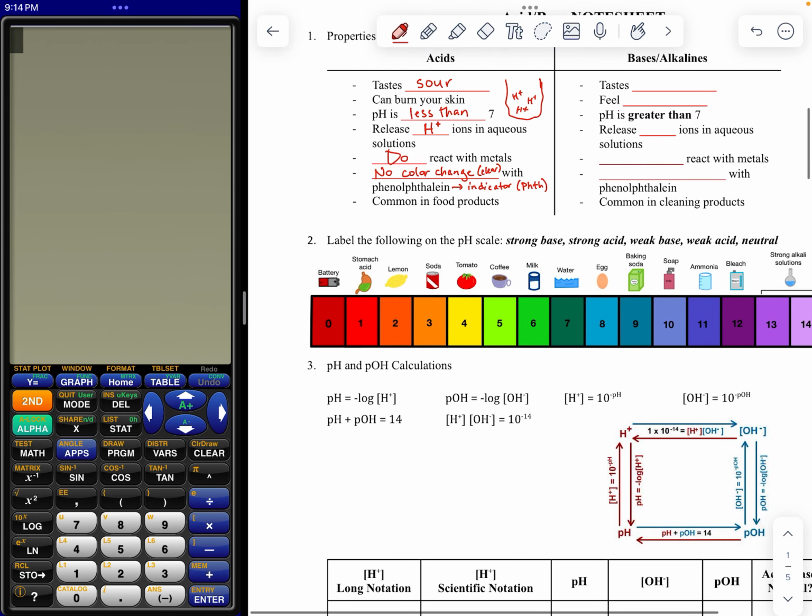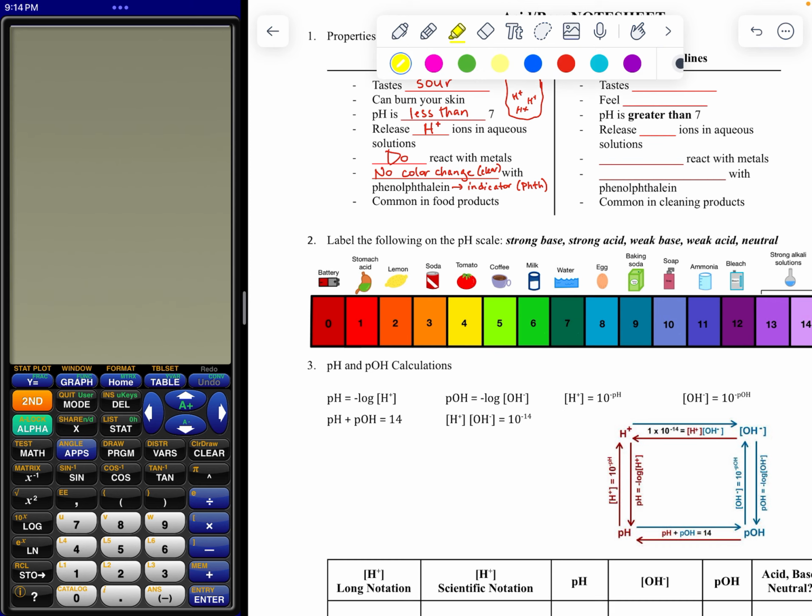So the closer we get to 7 on the scale, the more neutral we end up being. But for simplicity's sake, we're saying that pretty much everything that's less than 7 can be considered acidic. Now, of course, most are slightly acidic to stronger, I guess you would say.